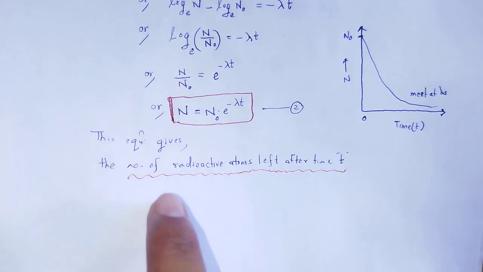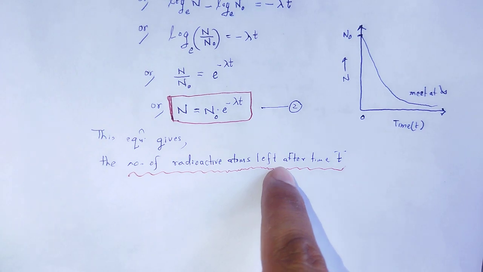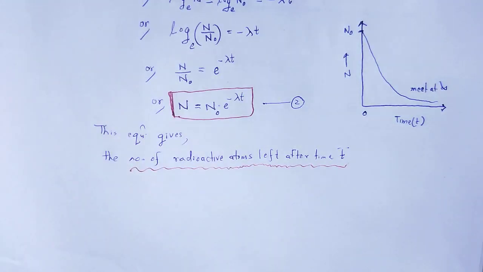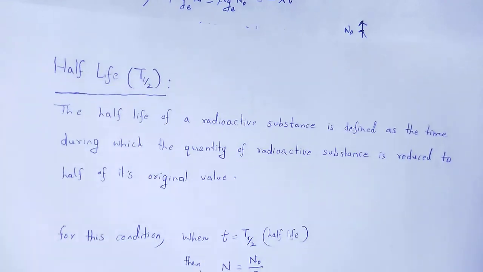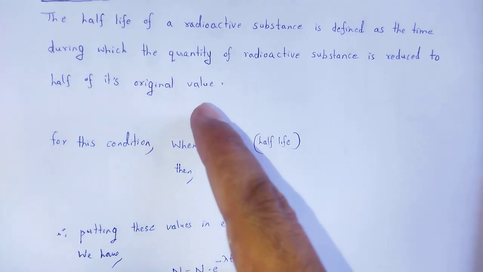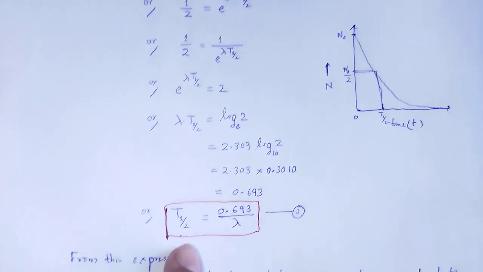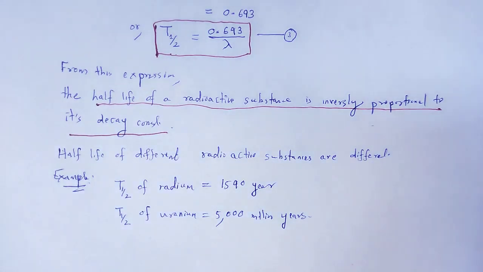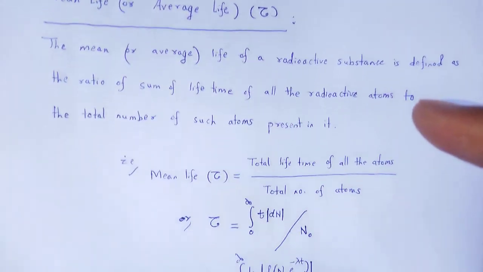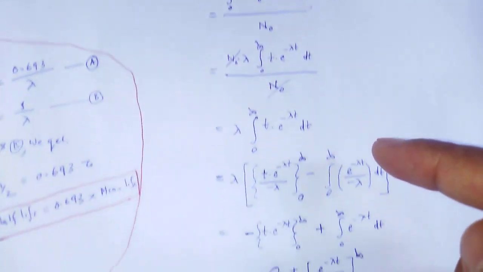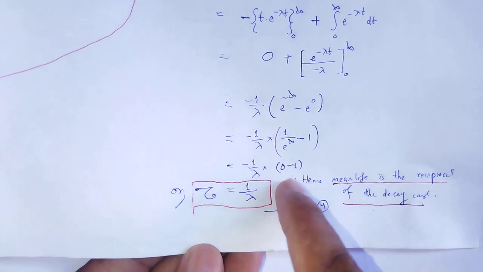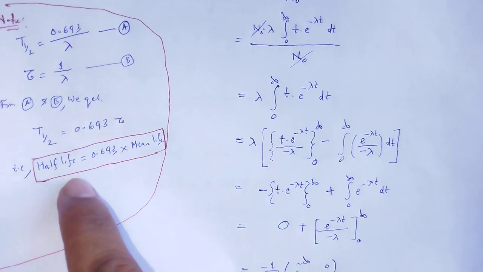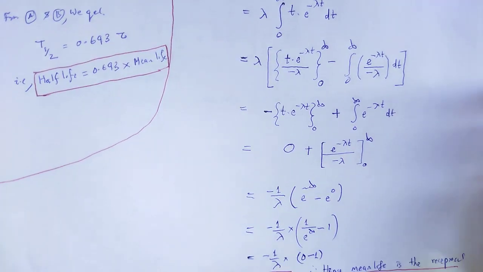Graphically we showed the number of radioactive atoms left after time t, half life, the mathematical expression for half life, mean life mathematically, that is the reciprocal of the decay constant, and the relation between half life and mean life.